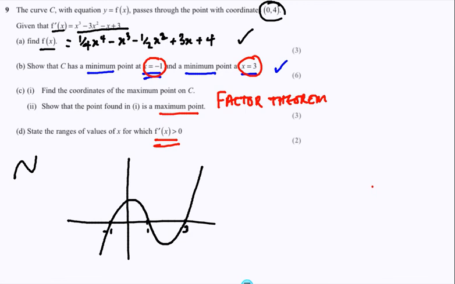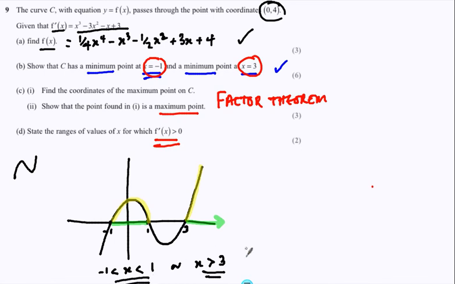And if we want to ask ourselves, where is that greater than 0? Well, I'm pretty sure it's greater than 0 there, and it's greater than 0 there, which means the bits that I want for x are that bit, and then onwards there. So greater than 0, I reckon x between -1 and 1, or x greater than 3.